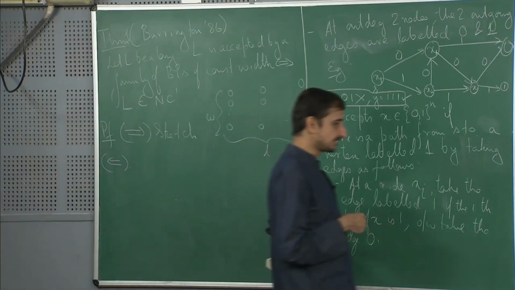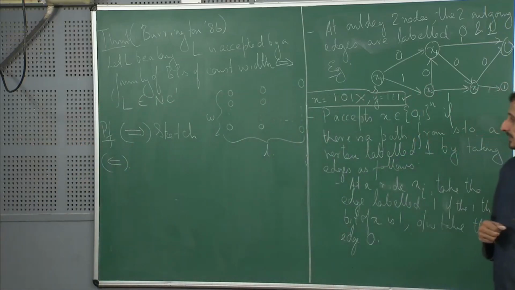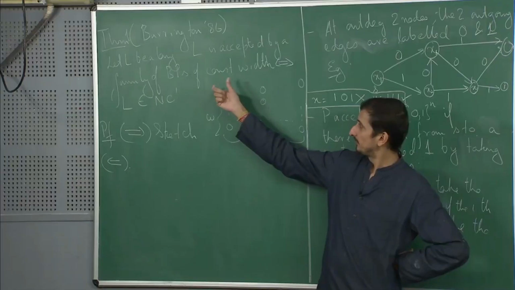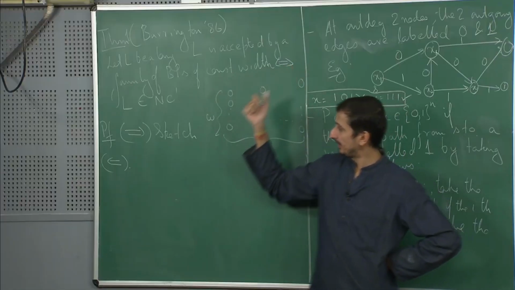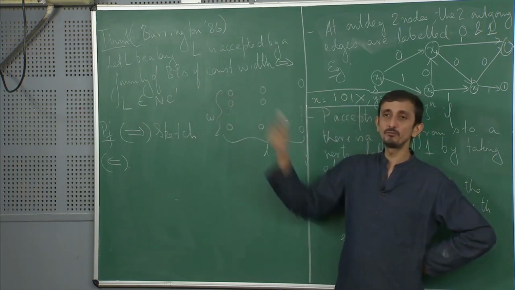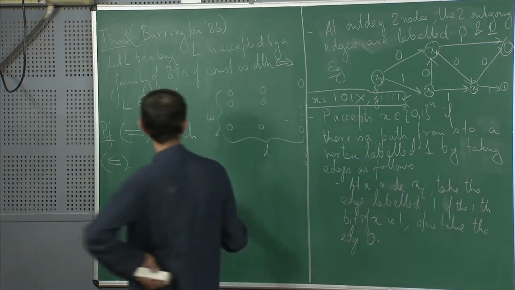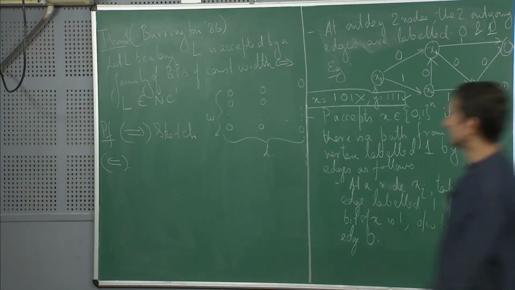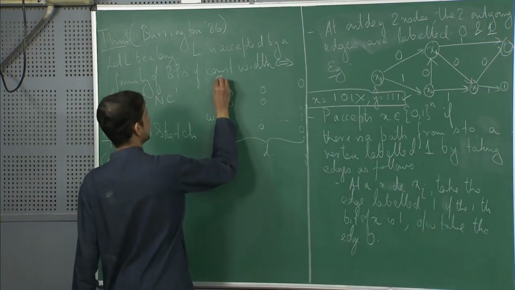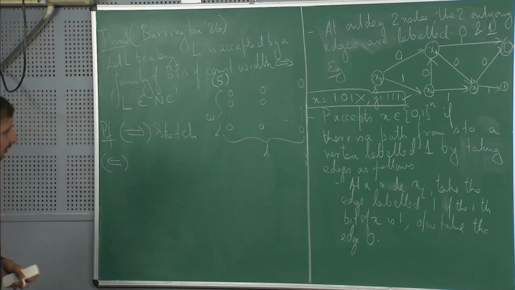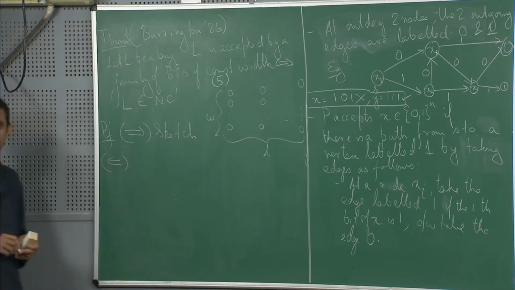We would show something even stronger: not just any constant, but if L is in NC1, then it can be recognized by families of branching programs of width 5. This constant is quite small, something as small as 5 in our case.